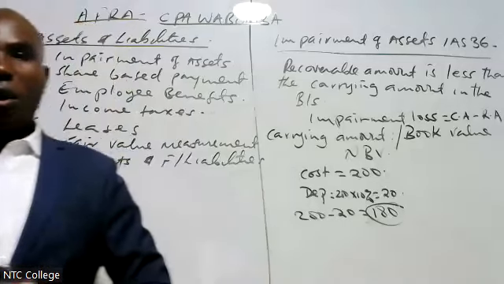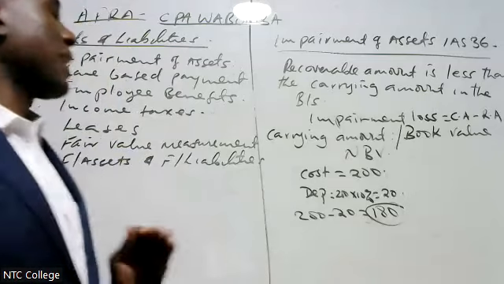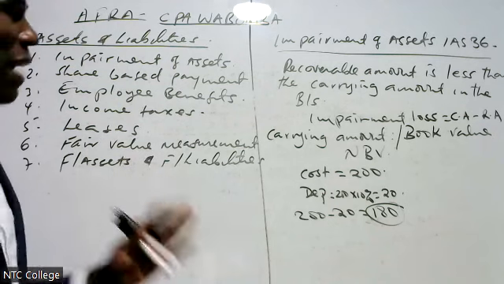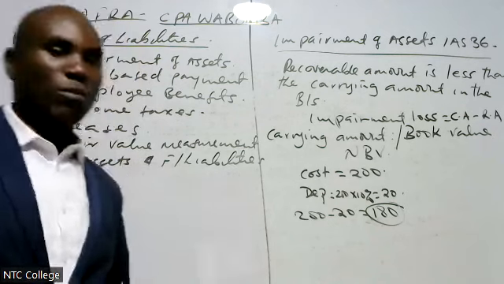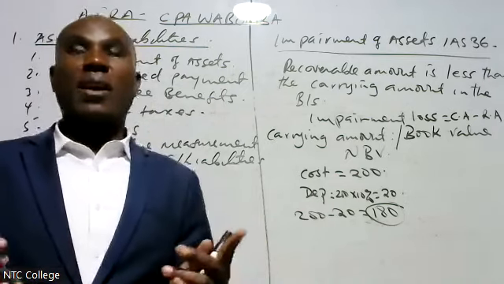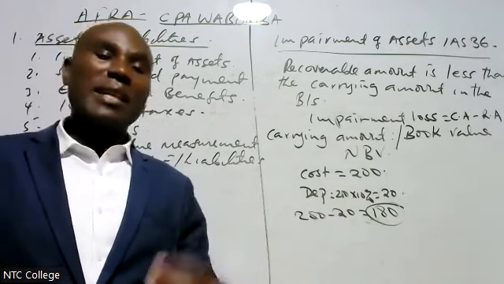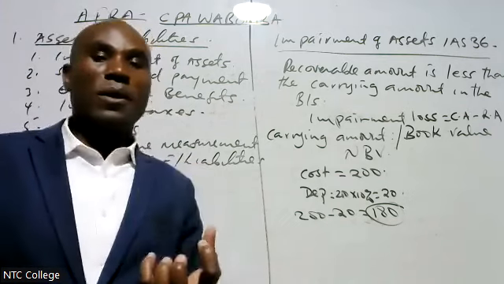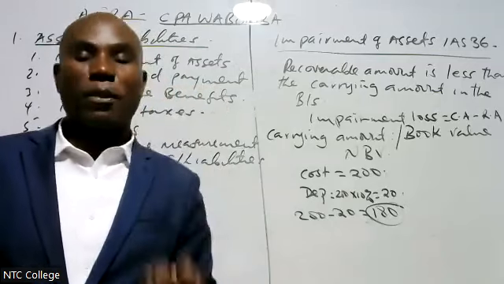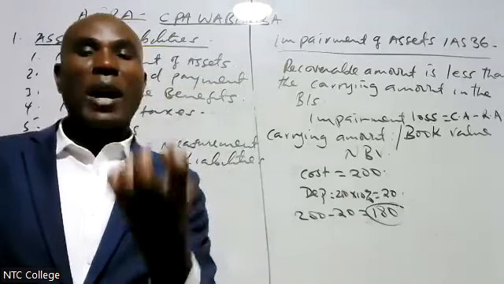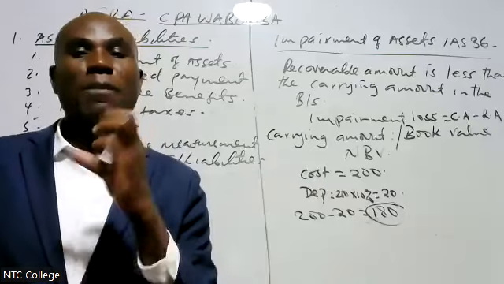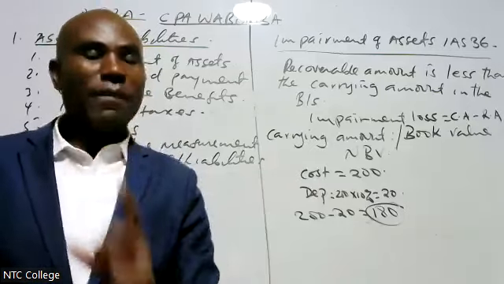Then another question comes: what is the recoverable amount of an asset? In layman's language, the recoverable amount is the amount you are going to receive, for example, on sale of the asset. If I want to sell that asset, how much am I receiving from there? That becomes the recoverable amount.